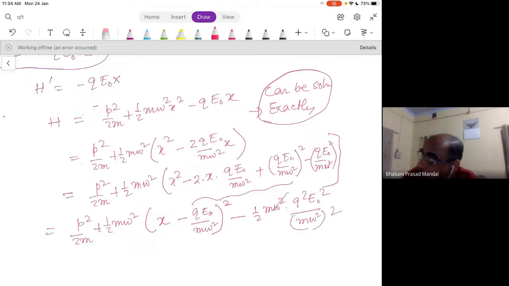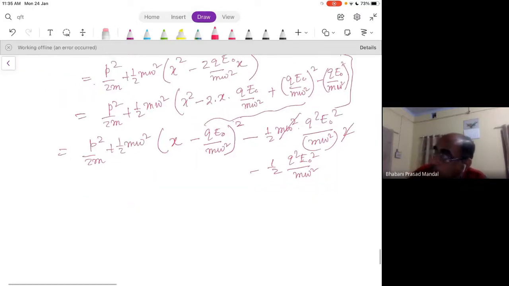So this m omega square will get cancelled. Does anybody have any question? No. Okay, so this term, let me write, is half q square E0 square by m omega square.